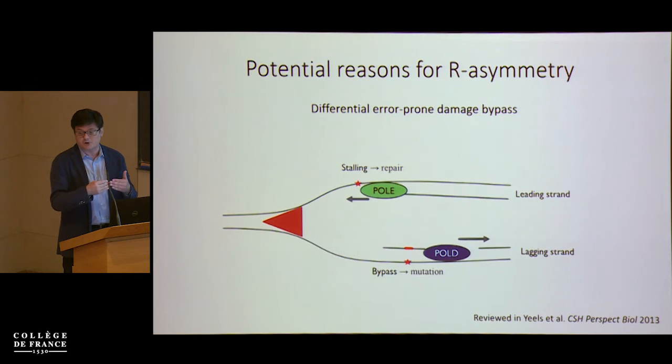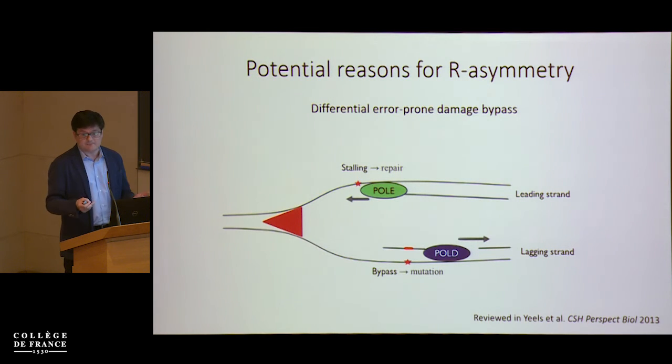So this damage that Molly mentioned, that is retained close to the end of the cell cycle, I have to go to the replication. On the lagging strand, I just bypass it. On the leading strand, however, it's continuous synthesis. If I'm polymerase epsilon, I hit the damage, I have to resolve it, I cannot go forward. It's occasionally bypassed on the leading strand as well, but much less frequently.